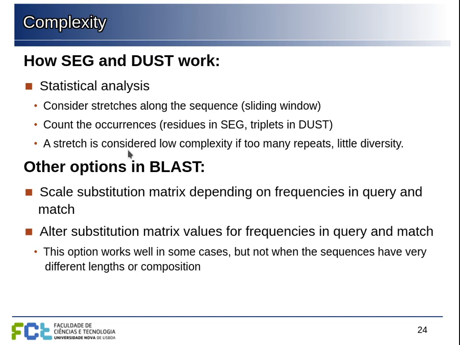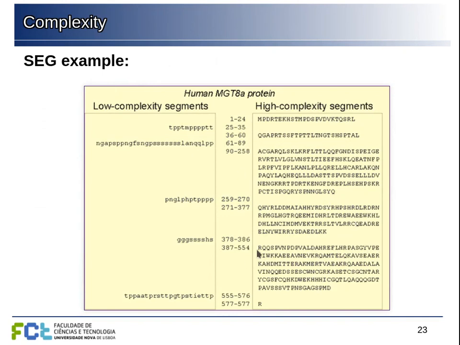If this is not close to the general distribution of residues, so if it's too biased towards a small number of residue types, this is considered low complexity, and so it will be ignored when looking at the sequences for sequence search.